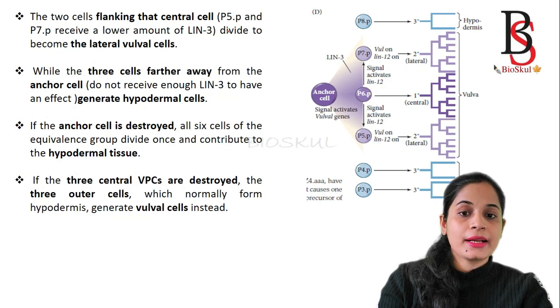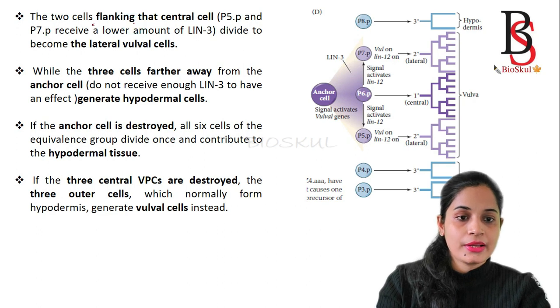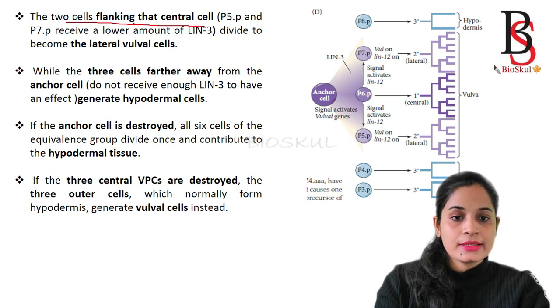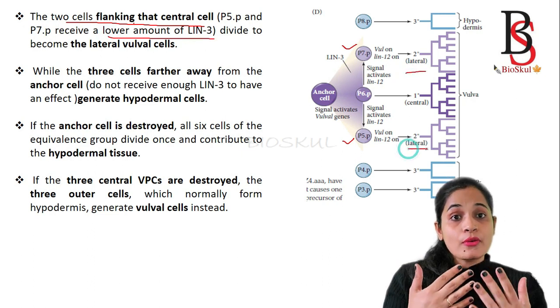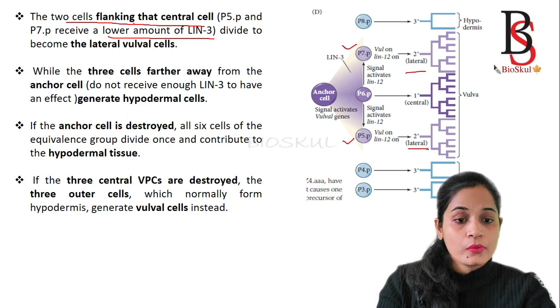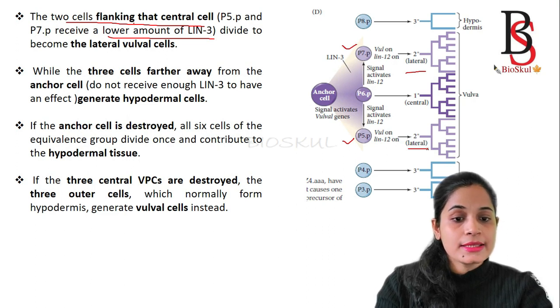The two cells flanking the central cell, that is the P5 and P7 cells, also receive a lower amount of lin-3 protein and form the lateral vulval cells. While the three cells which are farther away from the anchor cell, what are those cells? Those are the P3, P4 and P8 cells.